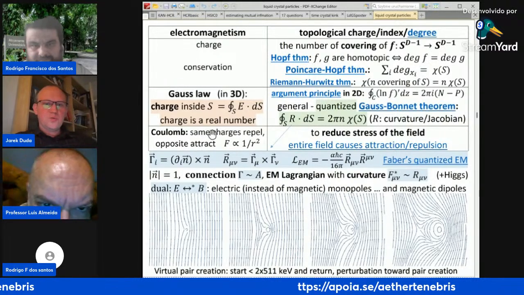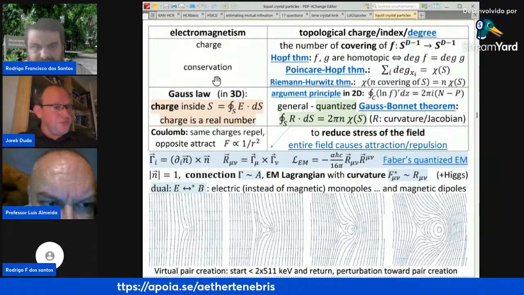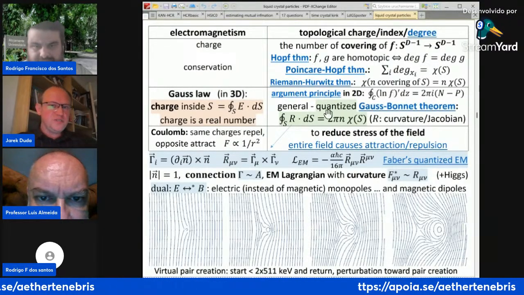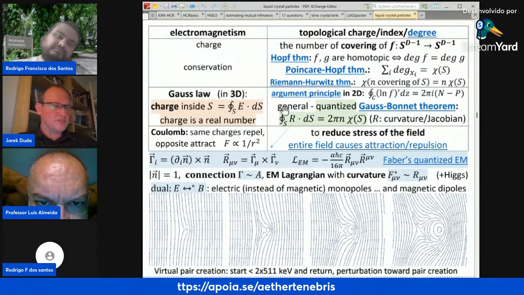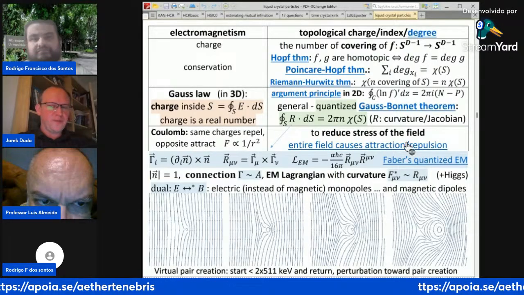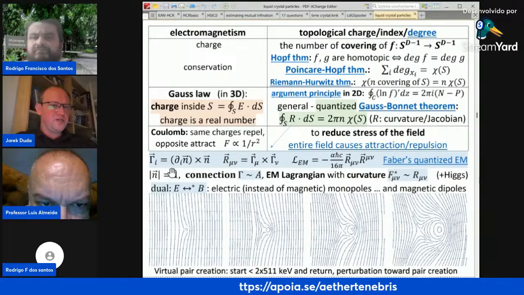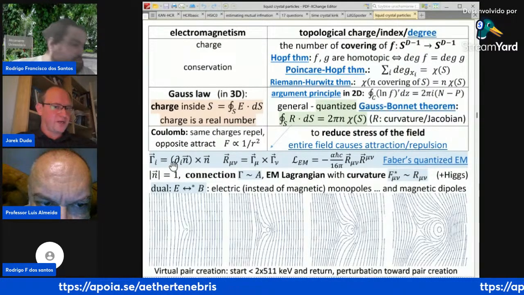So we need to replace this Gauss law with a Gauss law which has built-in charge quantization, and there is this topological version, the Gauss-Bonnet theorem, which is not the same, but uses curvature as the electric field. This is the approach of Manfred Faber, with whom I collaborate: we have some deeper field like this n field, like the second axis of your tetrad of teleparallelism.